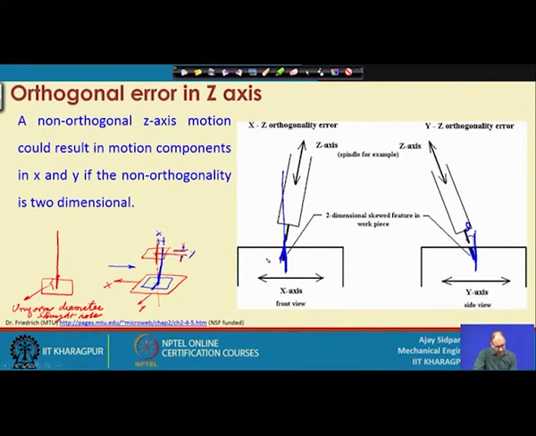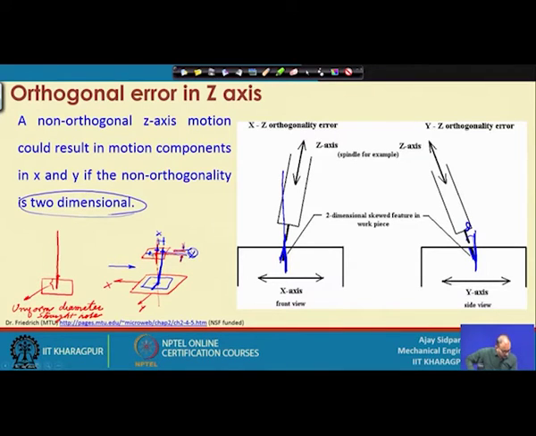Now you can understand that if your problem is in the x or y direction, it is two dimensional because the error occurs in two dimensions. But suppose your tool is located at this location or this location, then if it is located here, there is no problem in the x direction, but there is a deviation in the y direction only.